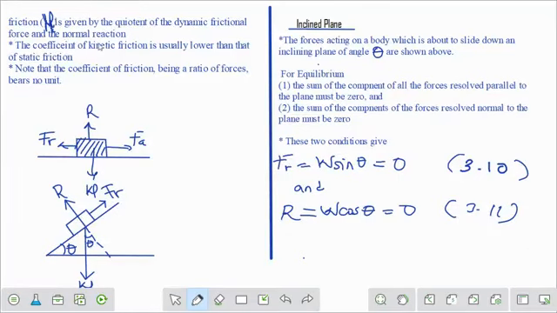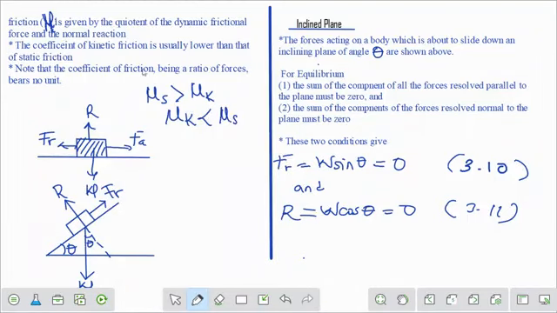Please take note that the coefficient of static friction is greater than the coefficient of kinetic friction. That is, the coefficient of kinetic friction is lower than the coefficient of static friction.